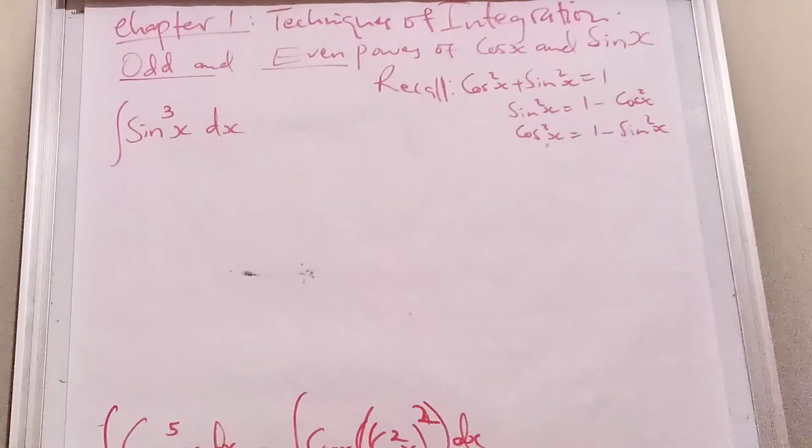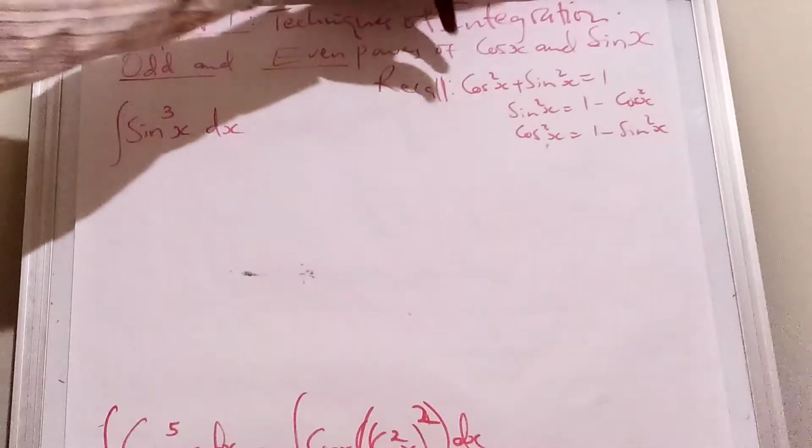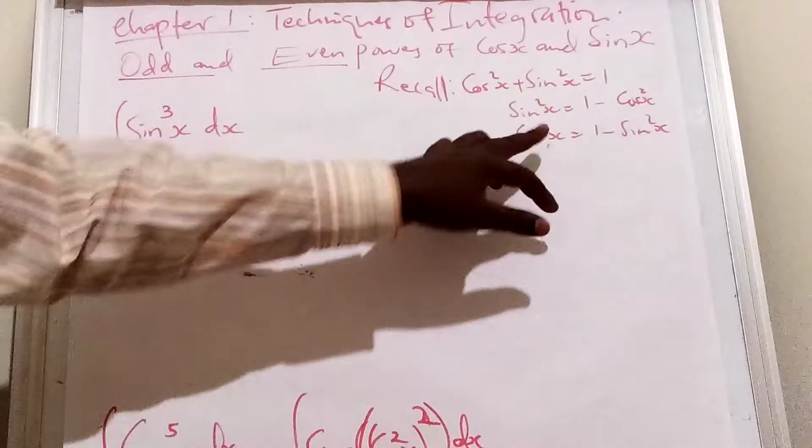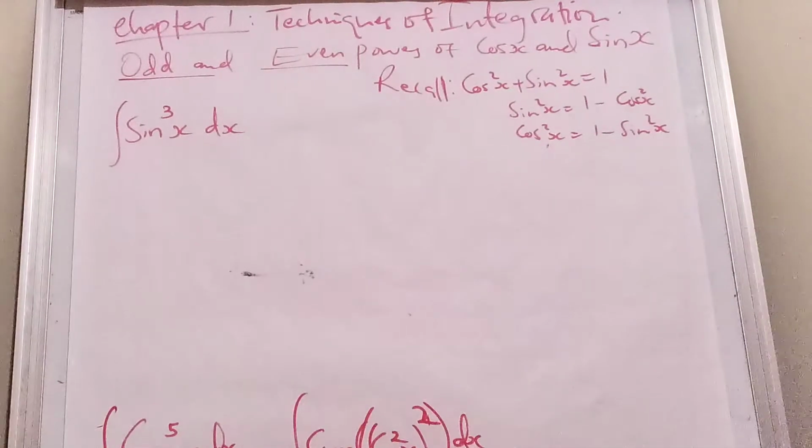The second technique of integration we are looking at is how to integrate the odd powers of cos x and sin x. We have to recall Pythagoras' theorem, where we can make sine squared the subject and cos squared the subject.